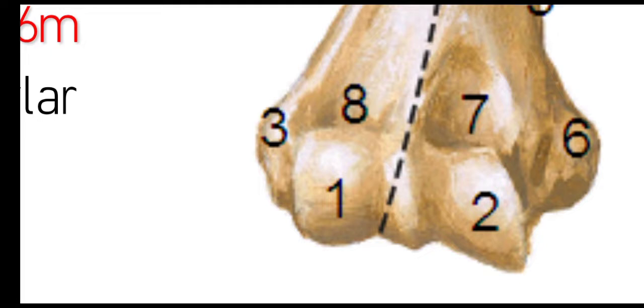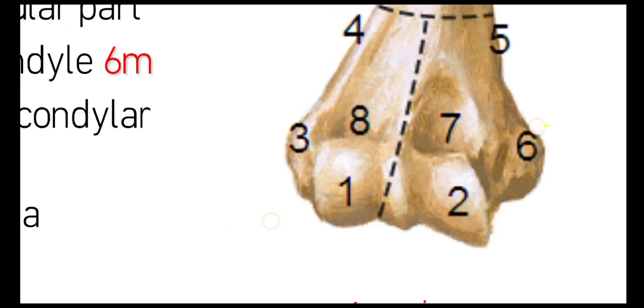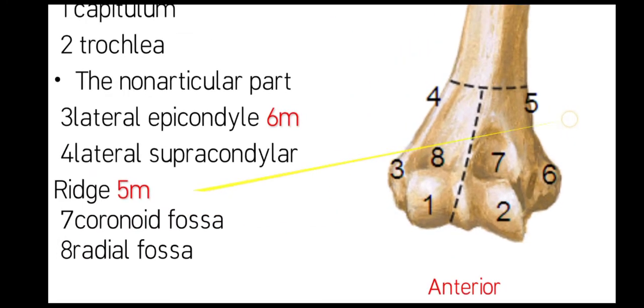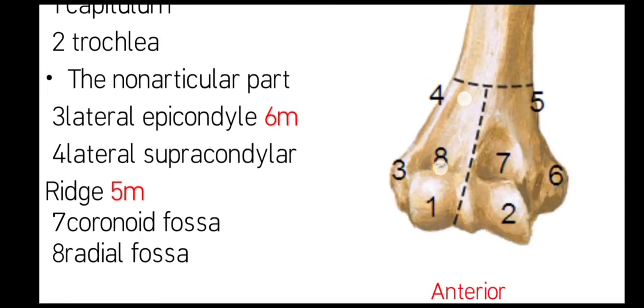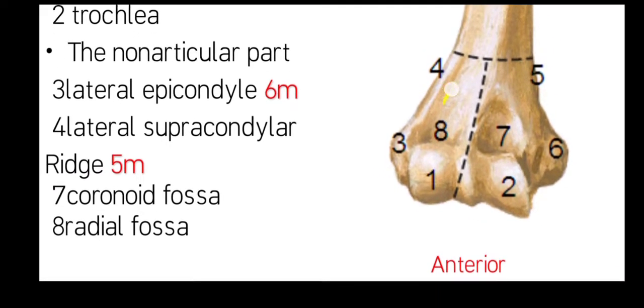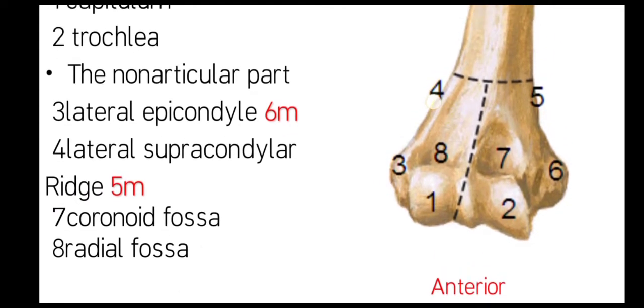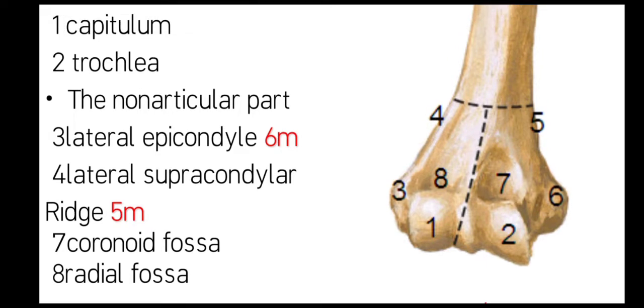Located below the skin, these are the two epicondyles. The part just above the epicondyles forms a kind of ridge known as the supracondylar ridge.